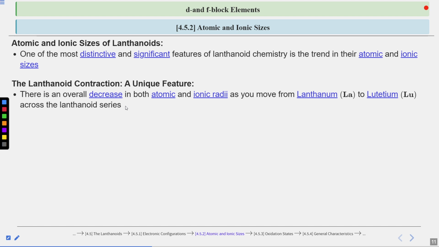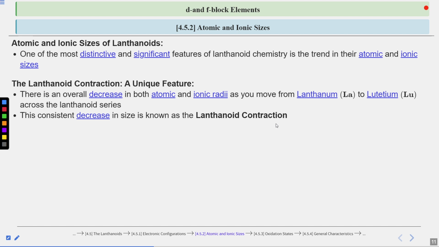From lanthanum at the very start of the series to lutetium at the very end, a decrease in atomic and ionic radii is observed. This consistent decrease in size has a name, that is lanthanoid contraction.